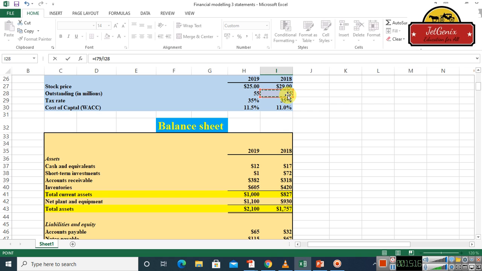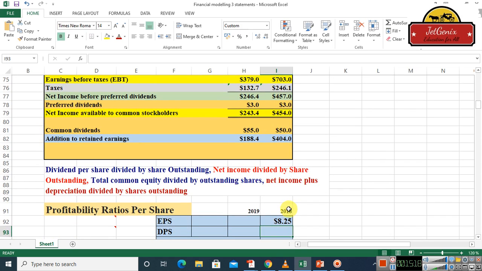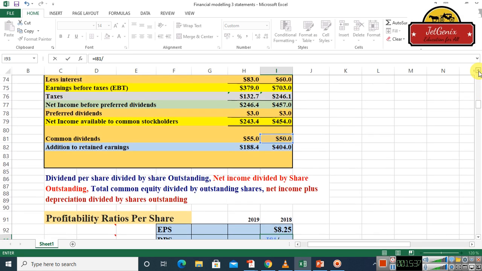So select this one and press enter. So the earning per share is 8.25 in 2018. And if you want to calculate the dividend per share, select the common dividend, which is here, and divide it by the outstanding shares.